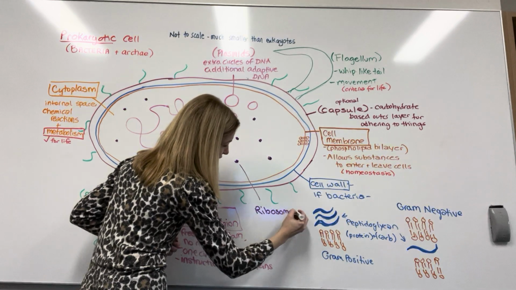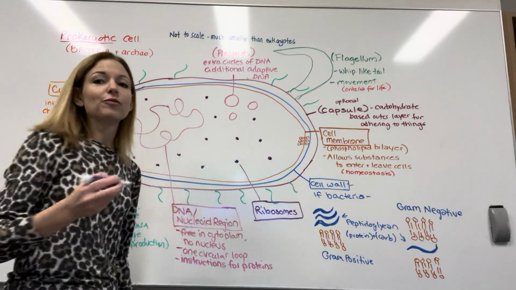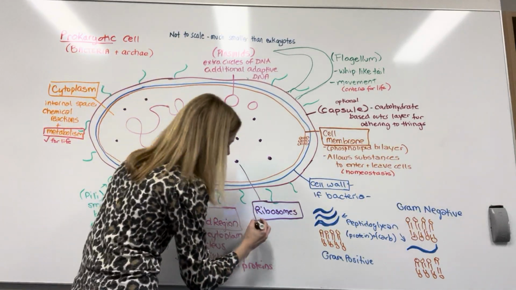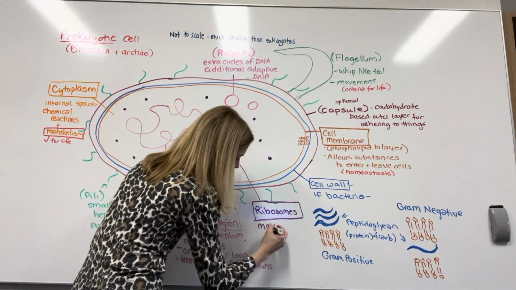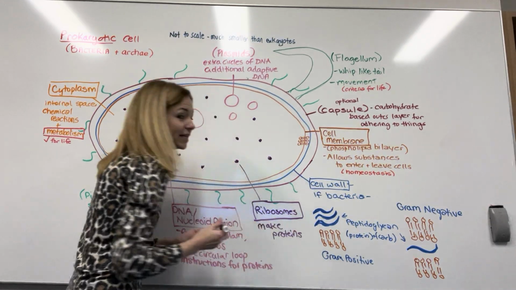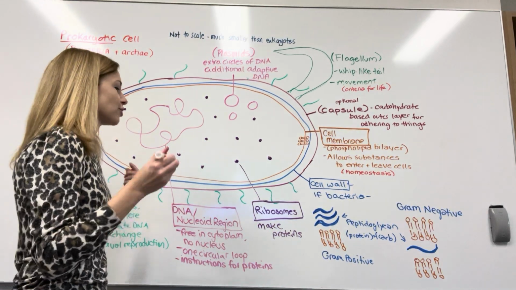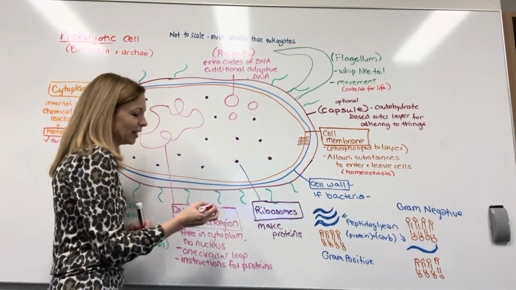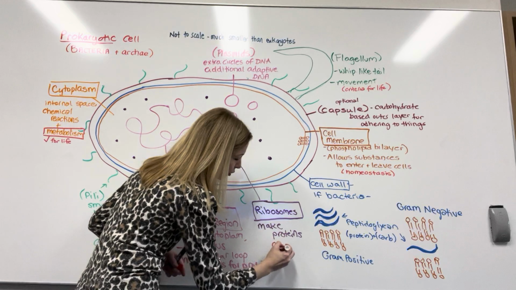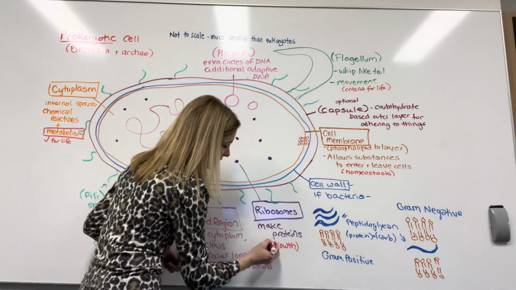These are essential. So for bacteria to be considered living, they have to be able to produce their own proteins. And making proteins is a really important component of living things. So in order for them to be able to do anything, that's going to play a role in growth, so being able to continue to grow and things like that.